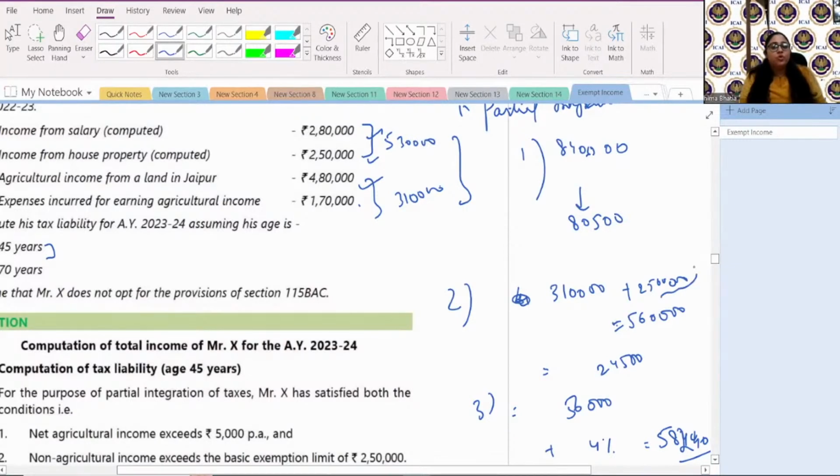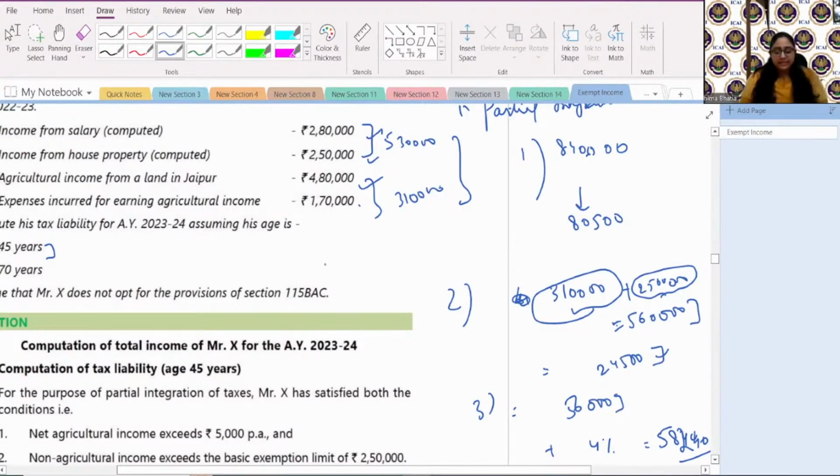Basic exemption limit पे तो ultimately tax नहीं लगता, so they're ultimately taking the tax on this 3,10,000. You have to increase it by basic exemption limit, which is 5,60,000. So whatever the tax comes, you remove it from 80,500 minus 24,500, it would be 56,000.